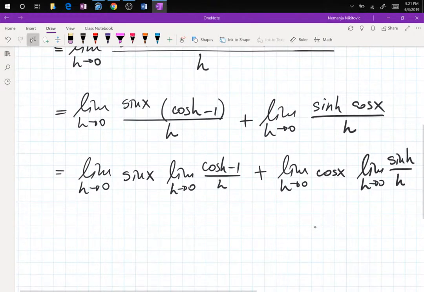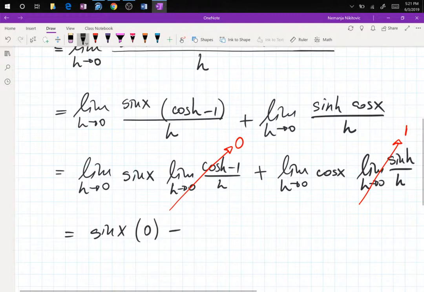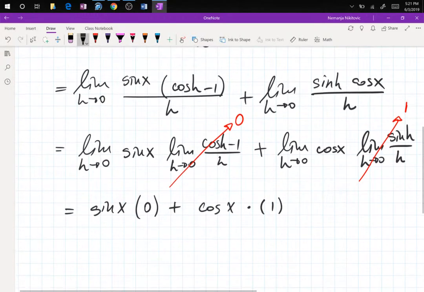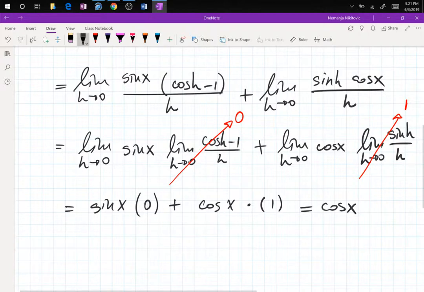And this is where the special limits come into play, because this limit is equal to 0 by the special limit, and this puppy over here is 1. So what we get is sine x times 0 plus cosine x times 1. So the whole thing is cosine x.